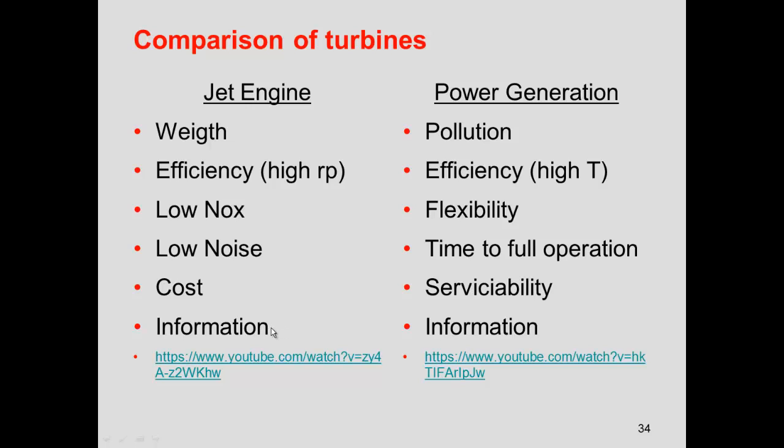And you will see that nowadays they are very focused on information that we can get from the turbine. Watch this video that will talk about the GEnx aircraft turbine.